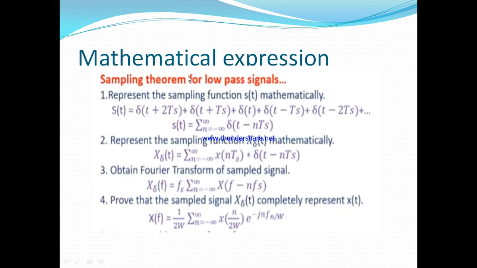Now let us see the mathematical expression of the sampling theorem. First step, represent the sampling function mathematically. The sampling function is nothing but the unit impulse train signal.